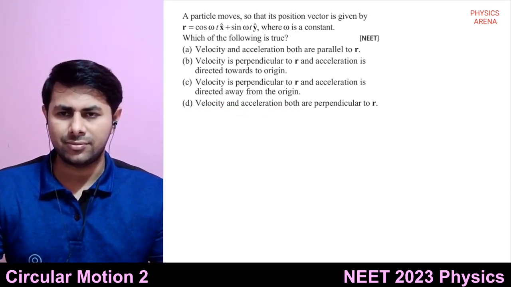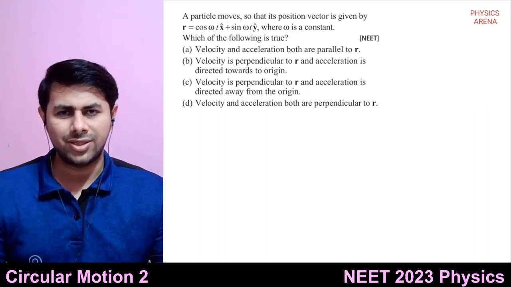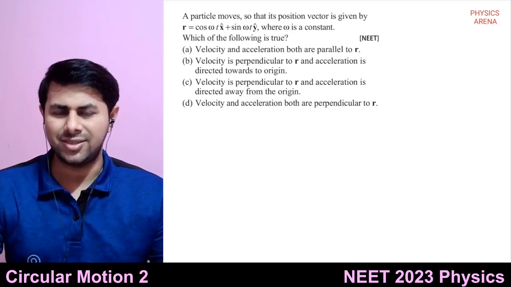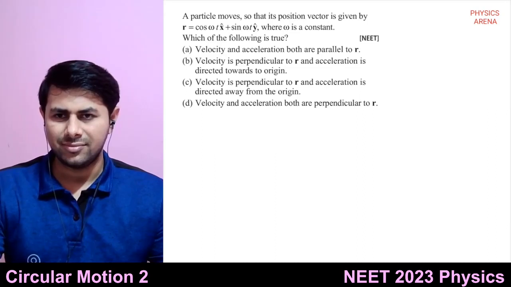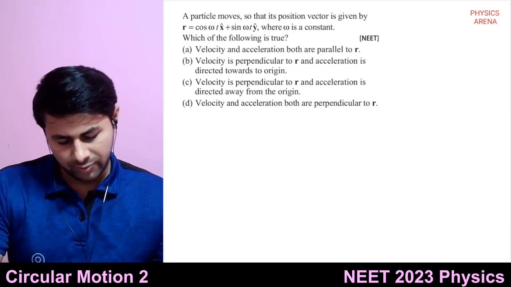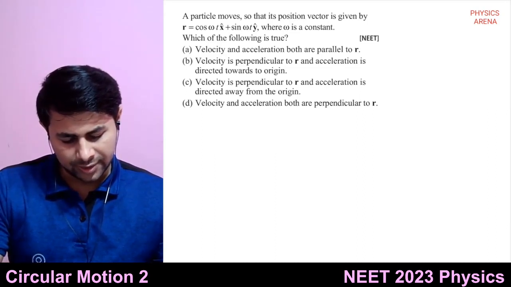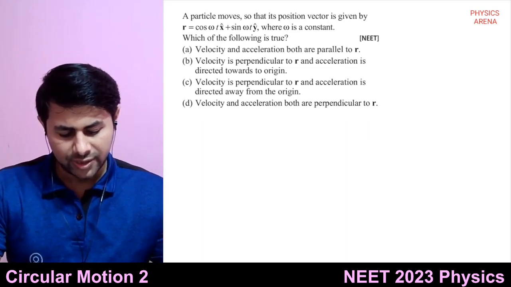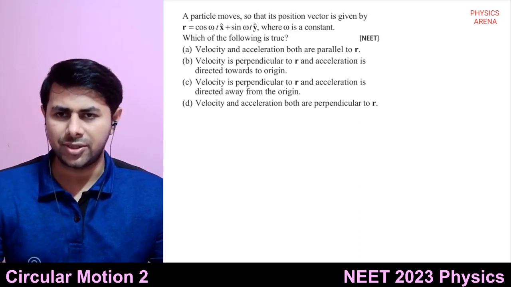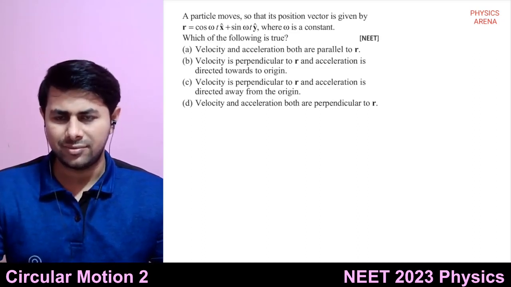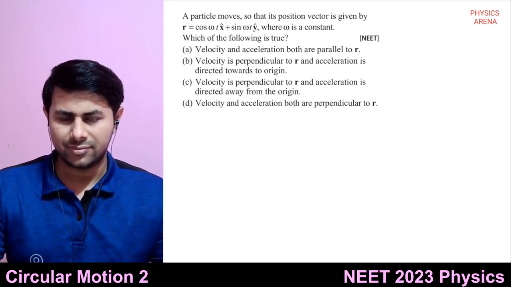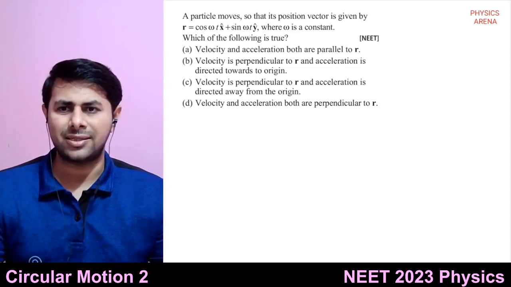Which one? Velocity is perpendicular, that you know. Yes, Sanjay? Option C, sir. Velocity is perpendicular to r and acceleration is directed away from the origin. Acceleration is directed towards the origin, no? Towards the center of circle. In circular motion, what is direction of acceleration?